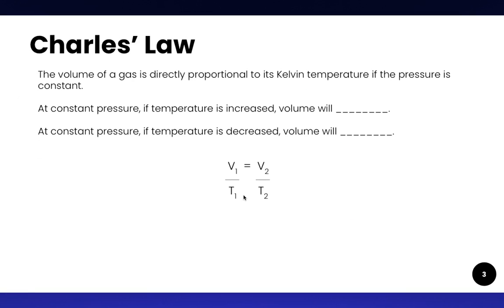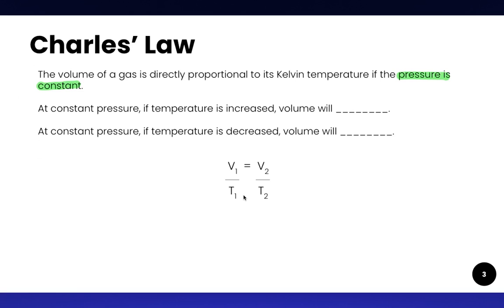Charles's law states that the volume of a gas is directly proportional to its Kelvin temperature if the pressure is constant. So again, it is required for the pressure to be constant in order for this law to be true.